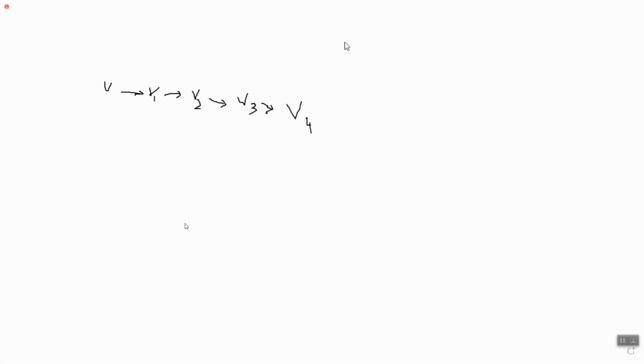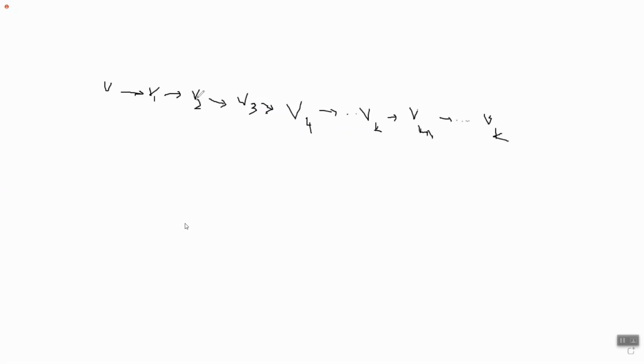Again somewhere it goes to, say, Vk. Vk goes to Vk+1, and Vk+1 goes to another vertex, and so on. Then after a certain time, again we come to Vk.